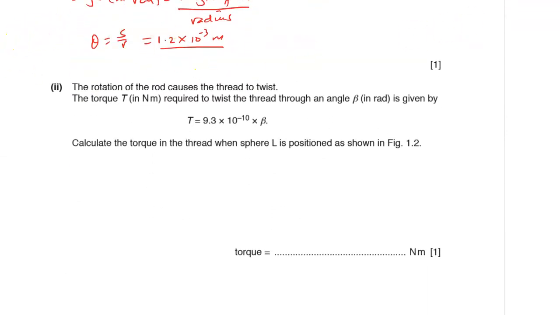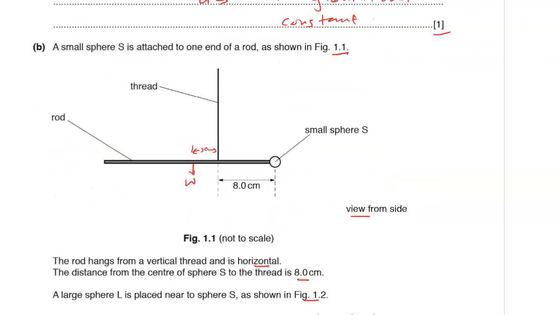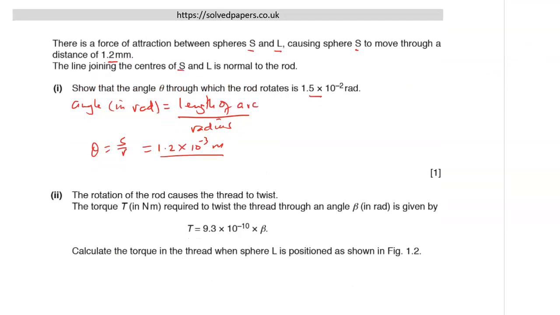Therefore, that is what we need right here. So we divide by 8 times 10 raised to power minus 2 meters. Don't forget, milli is 10 raised to power minus 3, and centi is 10 raised to power minus 2.